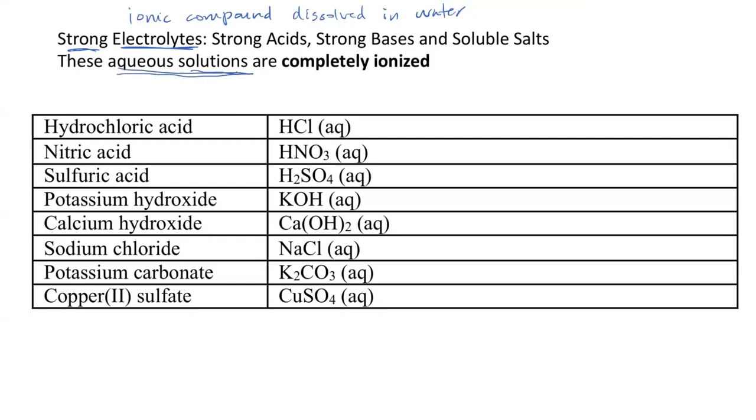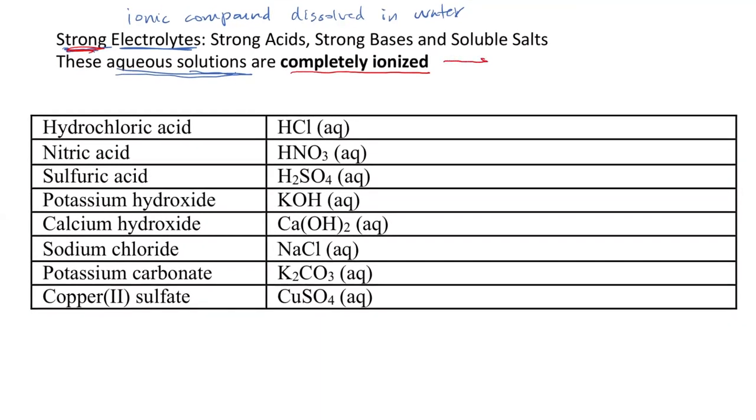But what's different about these, which are called strong electrolytes, is strong electrolytes are completely ionized. And we'll compare them to weak electrolytes. So completely ionized means you have ions and only ions in the solution, and you have none of the compound.